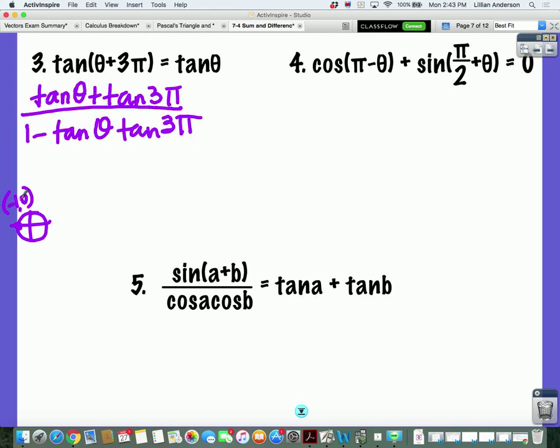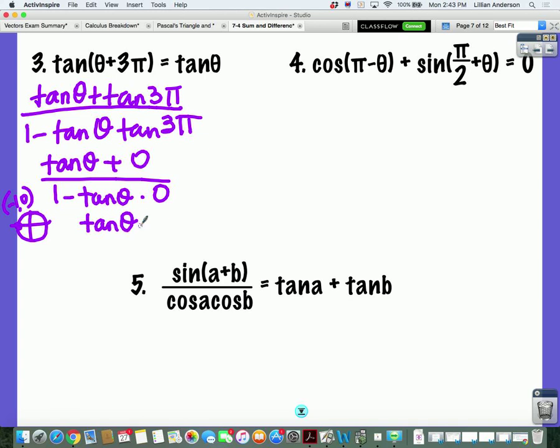Negative 1, 0. Tangent is what over what? What is 0 over negative 1? So the tangent of 3 pi is 0, so this is tangent theta plus 0 all over 1 minus tangent theta times 0. So basically, it's going to be tangent theta all over 1, which is tangent theta.